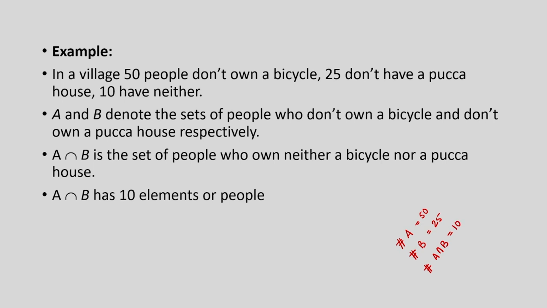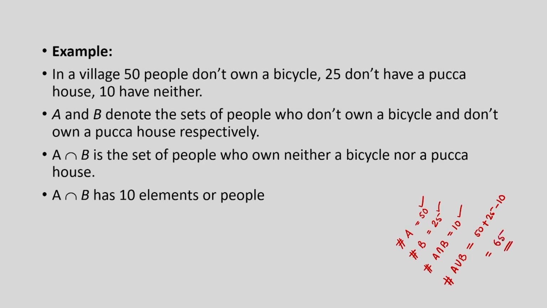So, the number of people who are there in A union B, okay, that will be how much? That will be this number plus this number minus this number. So, 50 plus 25 minus 10, and this becomes 65.